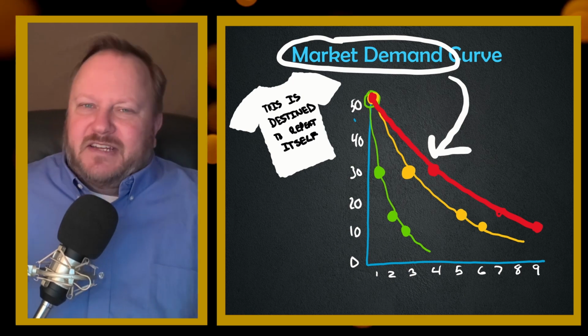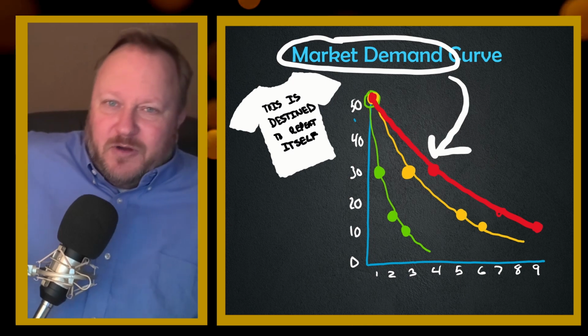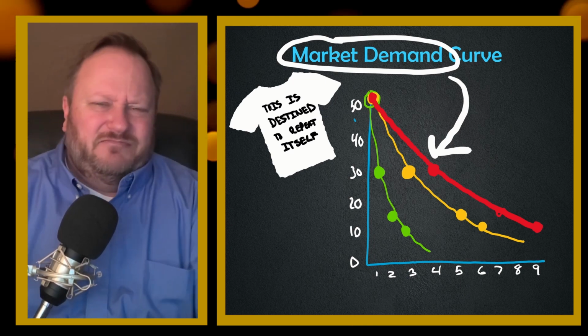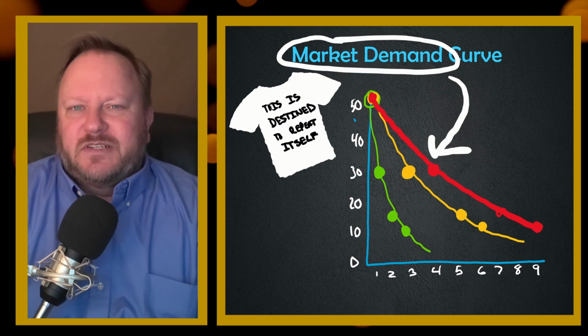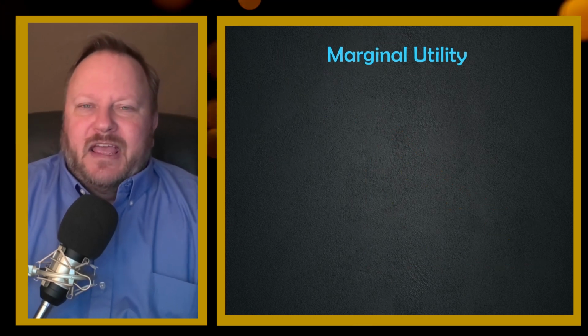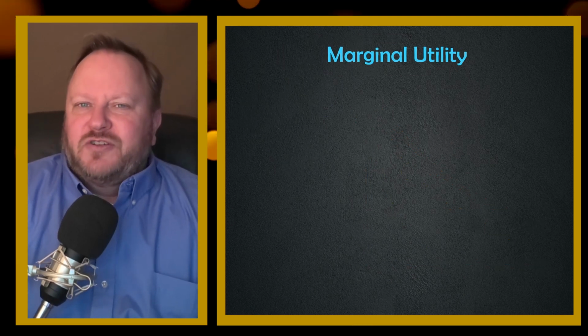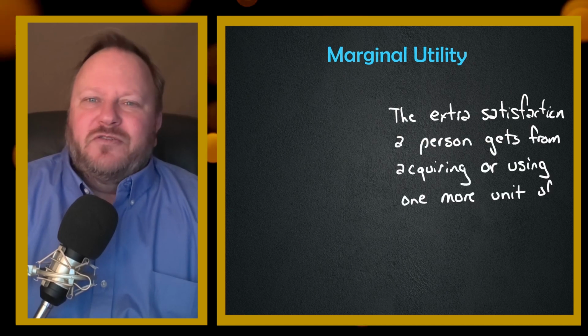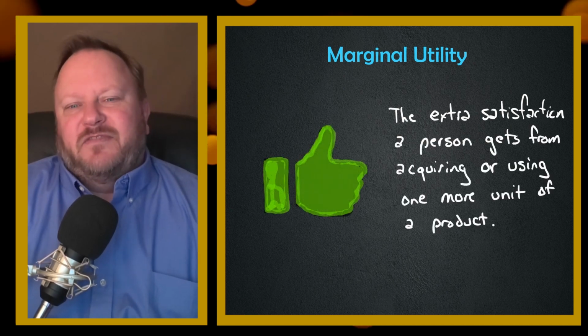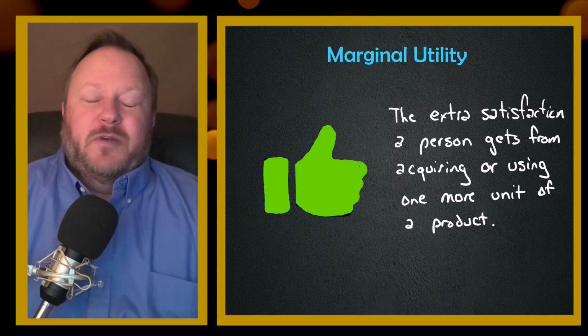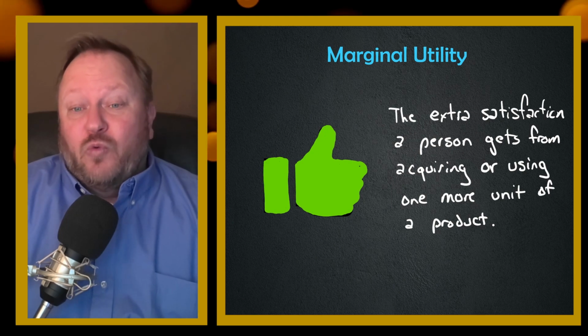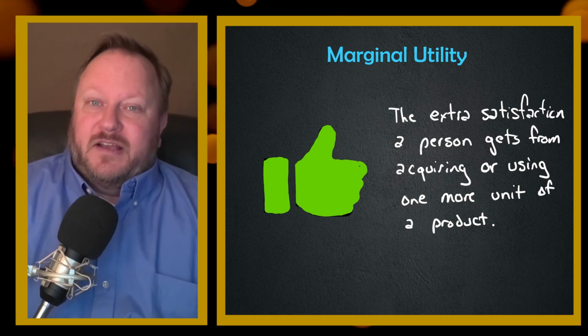Now, we looked at 2 different customers on my market demand curve, and they had differing interests in how many t-shirts they were going to purchase. We refer to this as marginal utility. Marginal utility is the extra satisfaction that a person gets from acquiring or using one more unit of a product.